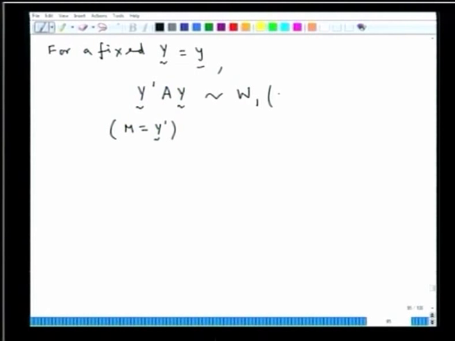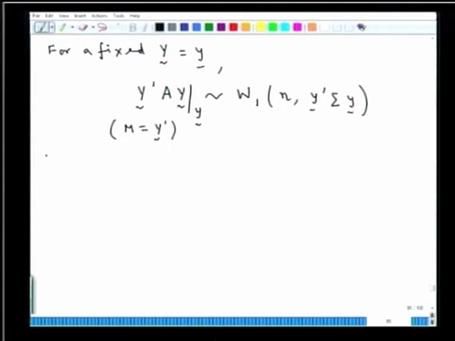So this is Wishart with n degrees of freedom, and the variance-covariance term, for a given small y, is y transpose Σ y. So this expression for given y follows a Wishart(1, n, y transpose Σ y), because we took M to be y transpose at this given small y value.